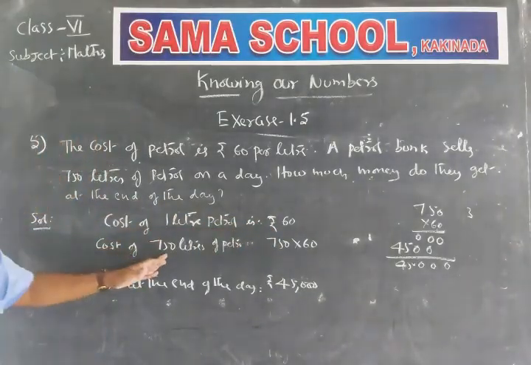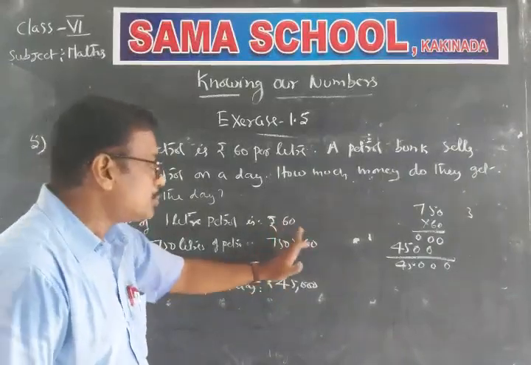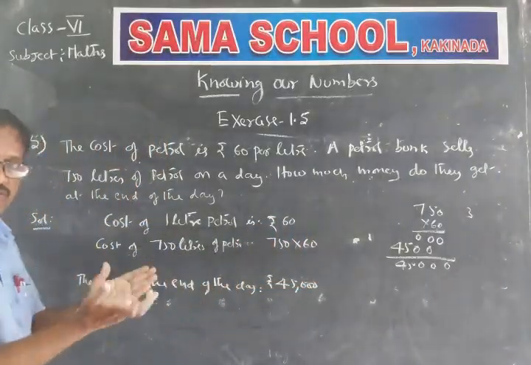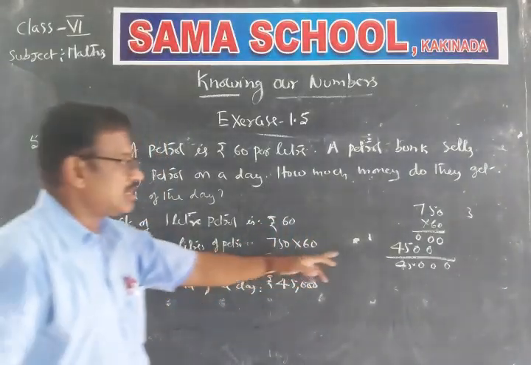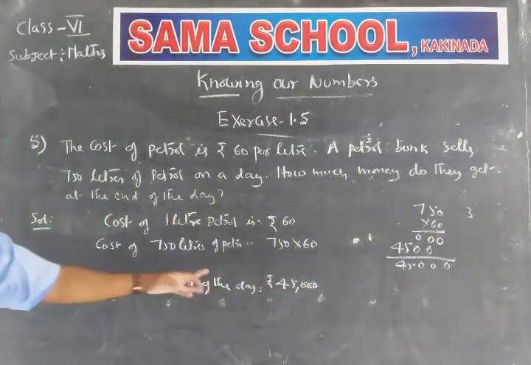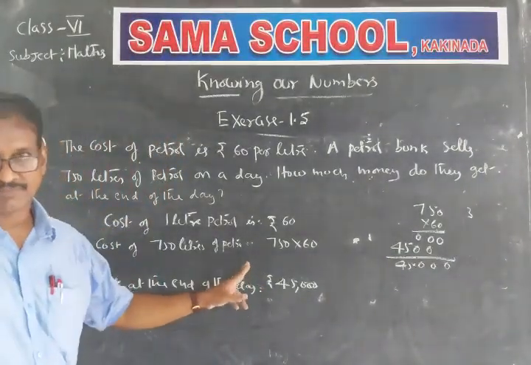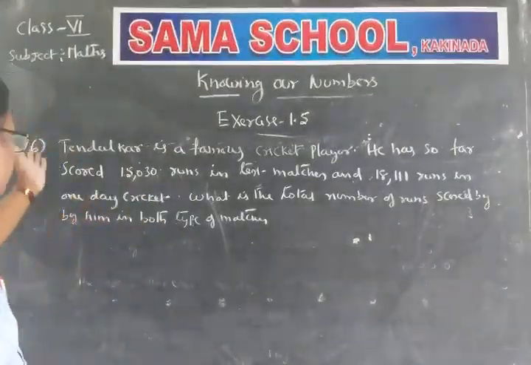The cost of 750 liters of petrol is 750 into 60. You multiply both. What is the answer? They get 45,000 rupees at the end of the day. That is exercise 1.4.